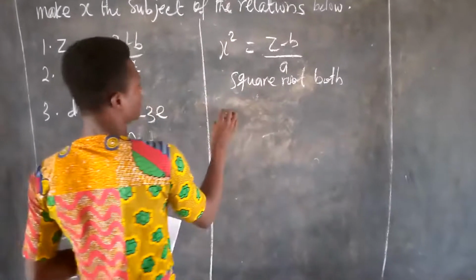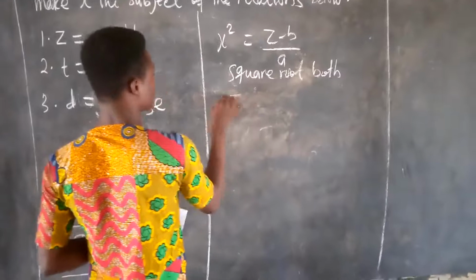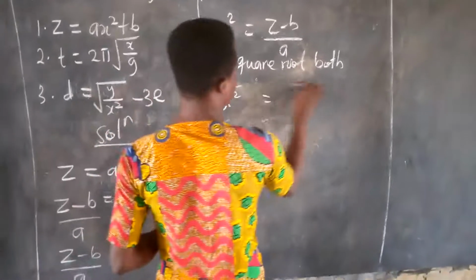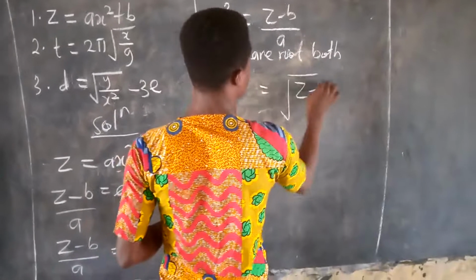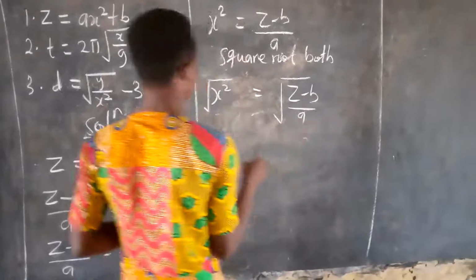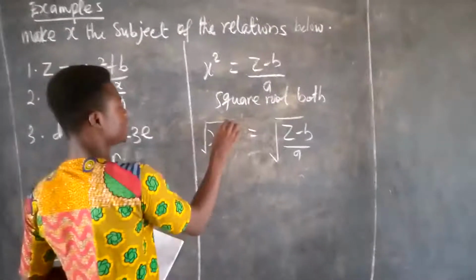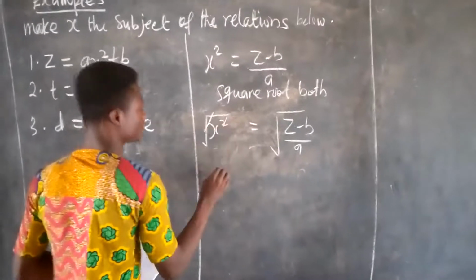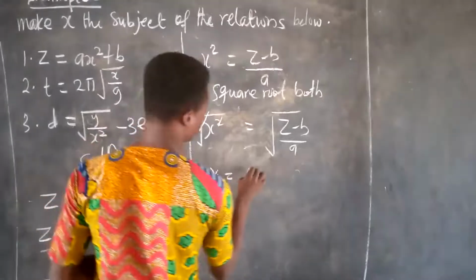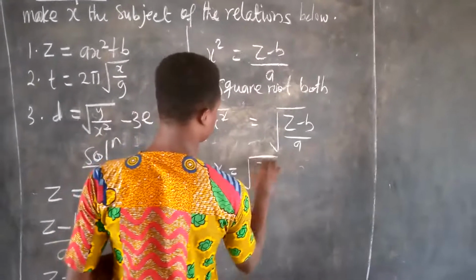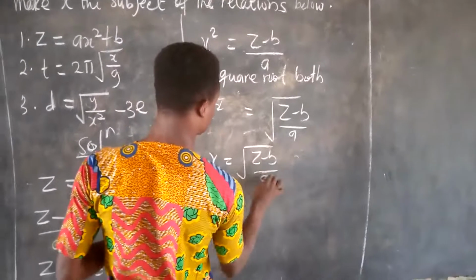So let's square root this one, and then square root this one too. These two will do away with the root, and we have x is now equal to the square root of z minus b on a.